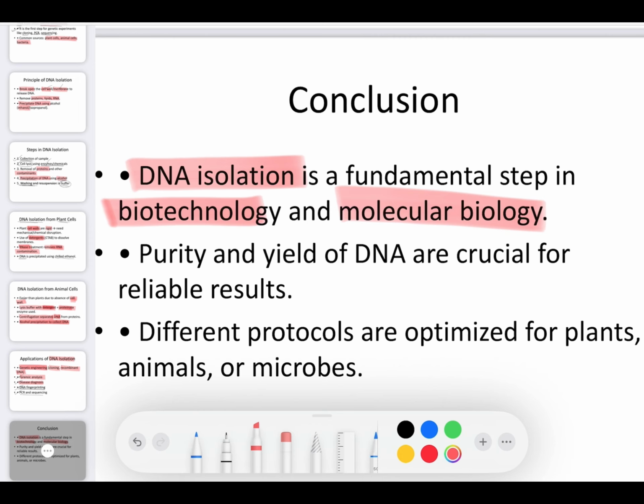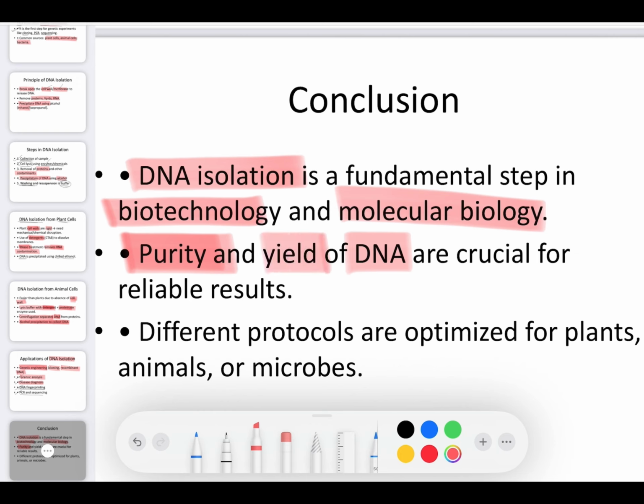And we have to maintain the purity of the DNA. That is why we are using different types of enzymes, that is RNases, proteases, in order to remove all the contaminants, because we don't want any kind of contamination. Contaminated DNA cannot be used for any kind of further experiments. So that is why the purity is important.